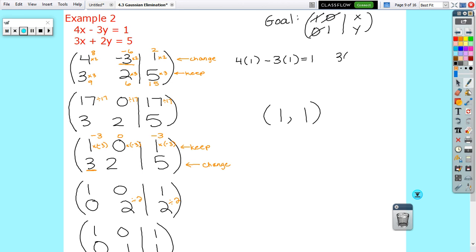And if we do 3 times 1 plus 2 times 1, it should equal 5. So here we would have 4 minus 3, which is 1. So we know that that one checks out. And 3 plus 2, we have to check to see if that is equal to 5, which it does. So we know that we have the correct answer here. We've done the problem correctly.